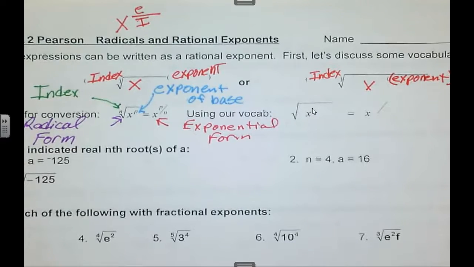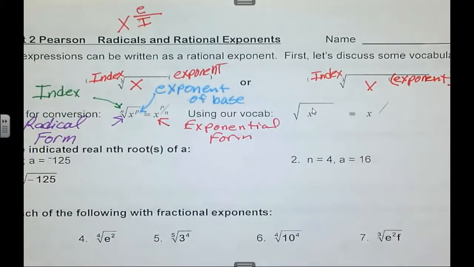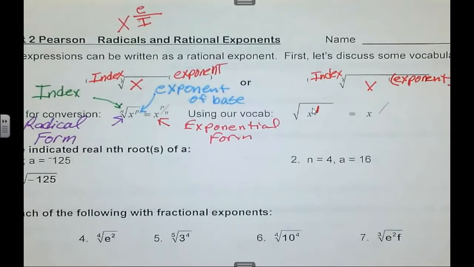Okay, now, if I don't have an exponent with a number, what is it? Good. So here's my exponent of 1. If I don't have an index with my radical, what is it? Now think about it.